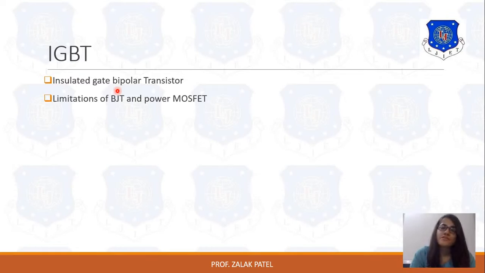As temperature changes, the current values also change in case of BJT. So this is the limitation of BJT. And power MOSFET has the limitation of on-state resistance. These two limitations of BJT and MOSFET can be overcome using IGBT, which means the best features of BJT and MOSFET are combined in the insulated gate bipolar transistor.